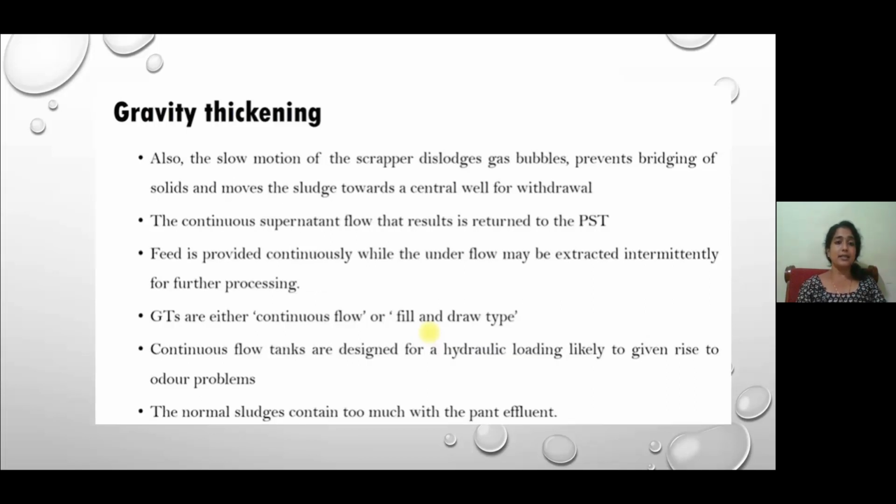Here you can see the continuous supernatant flow that results from this gravity thickener is returned to the primary sedimentation tank or primary clarifier. The continuous flow tanks are designed for the hydraulic loading likely to give rise to odor problems, and the normal sludges contain too much of the plant effluent.